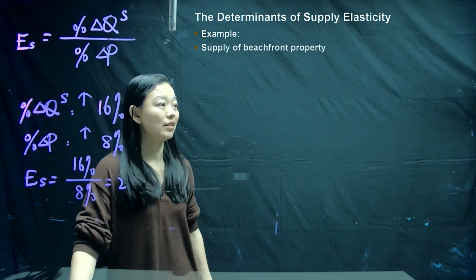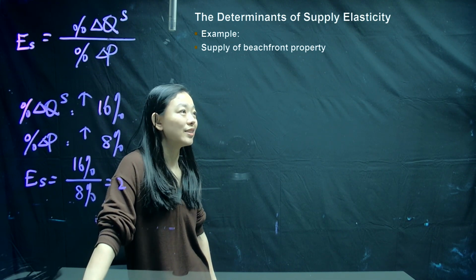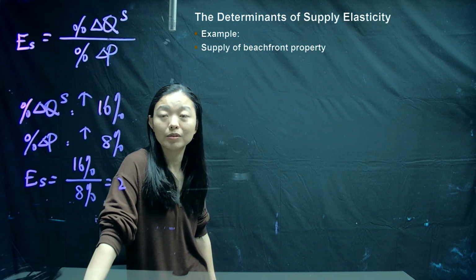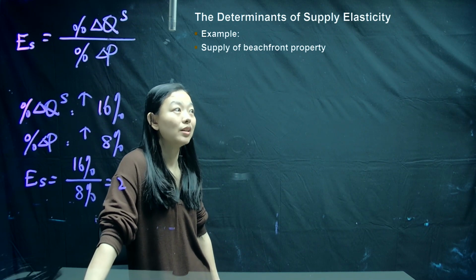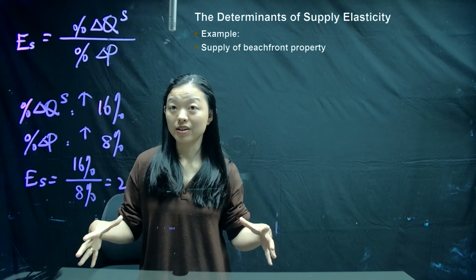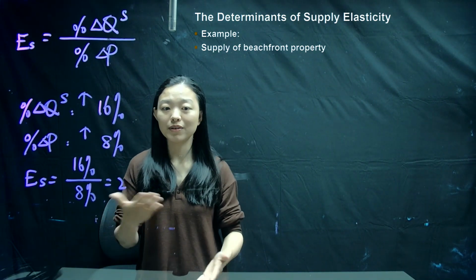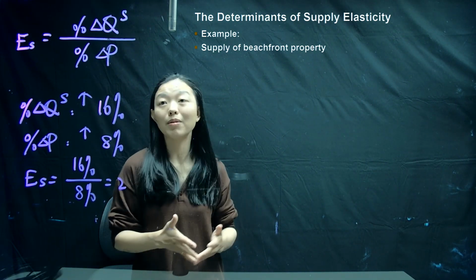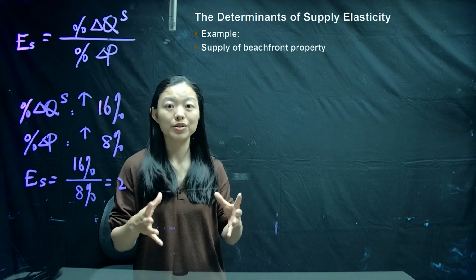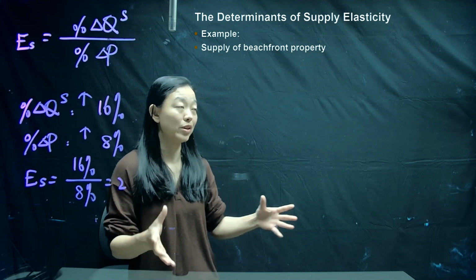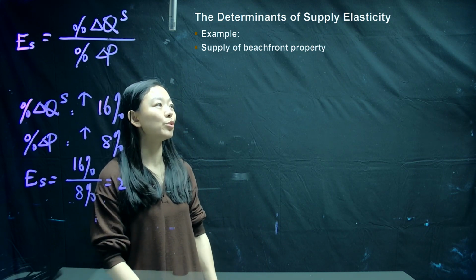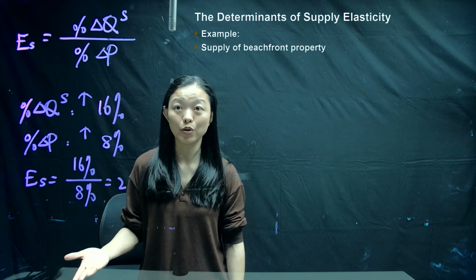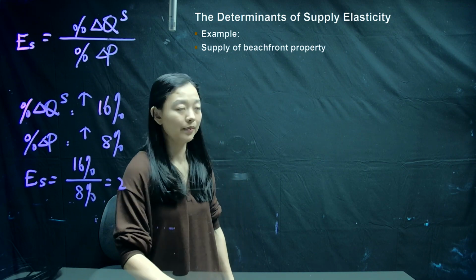Is it easy for the seller to change the supply of beachfront property? Probably not, because the land of the beachfront is limited. So even if the price changes a lot, the supply of beachfront property should be limited because of the land or the area of the beachfront area. Therefore, for beachfront property, we would say the supply elasticity will be really inelastic.